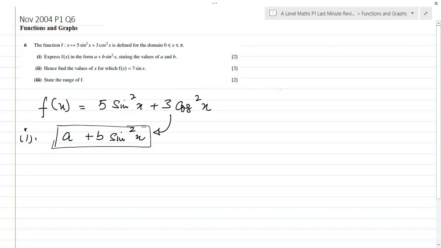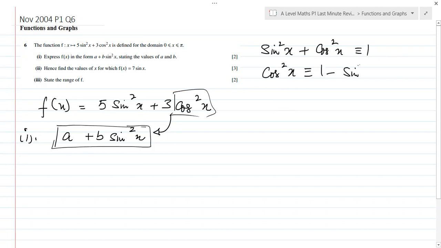So that means we have to use the identity, which is sine squared x plus cos squared x is equal to 1. And we need to replace cos squared x by 1 minus sine squared x. So that's what we do over here.